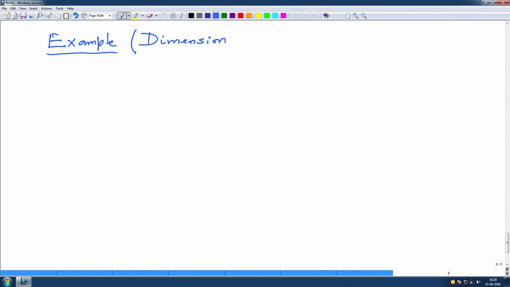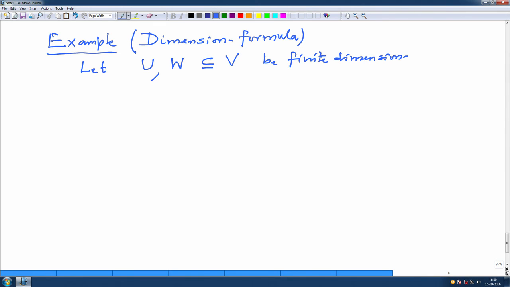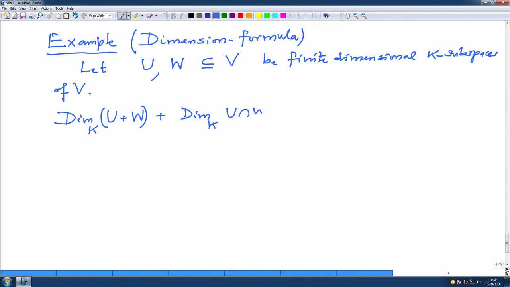This is the dimension formula, which says that if U and W are two finite dimensional K-subspaces of V, then remember the dimension formula says that the dimension_K of U plus W plus the dimension of U intersection W equals the dimension of U plus the dimension of W.